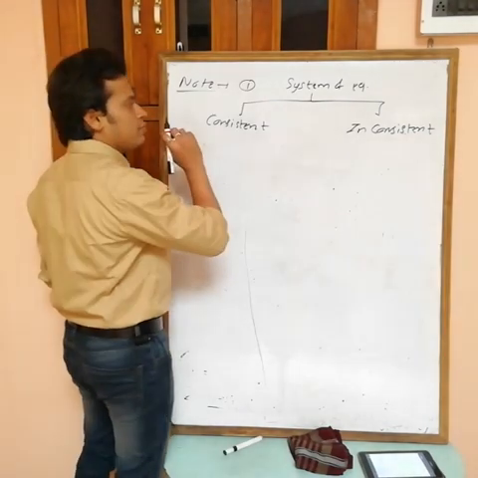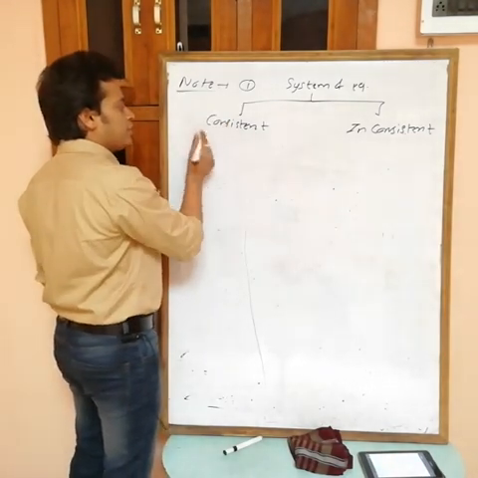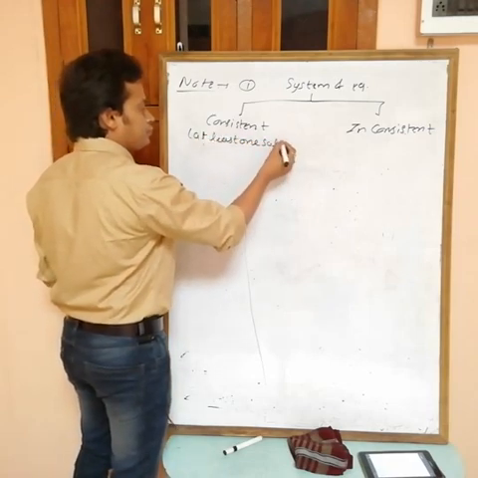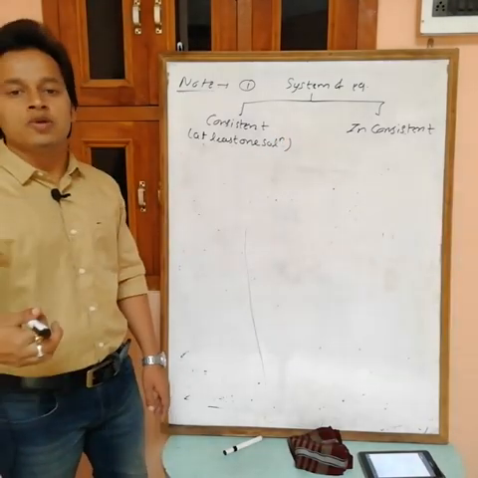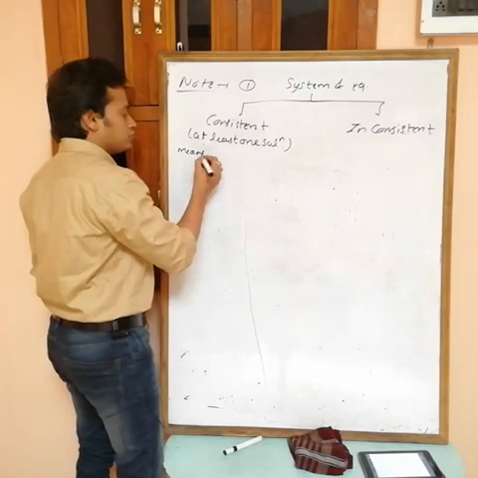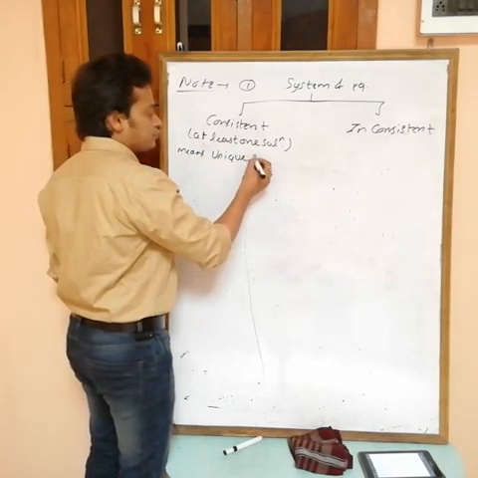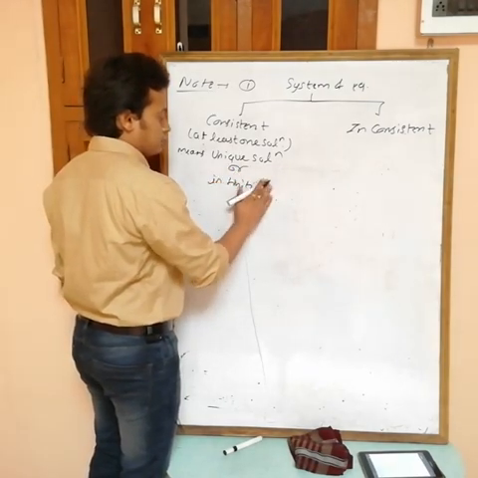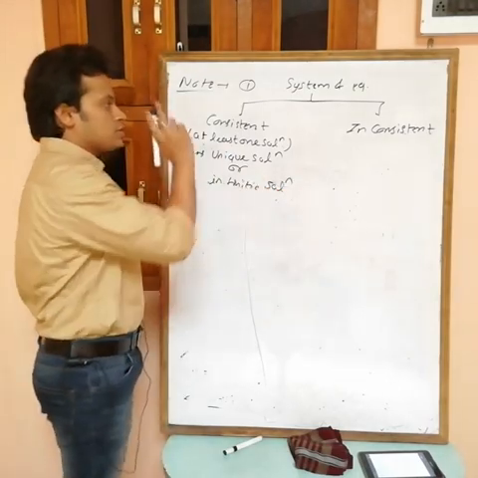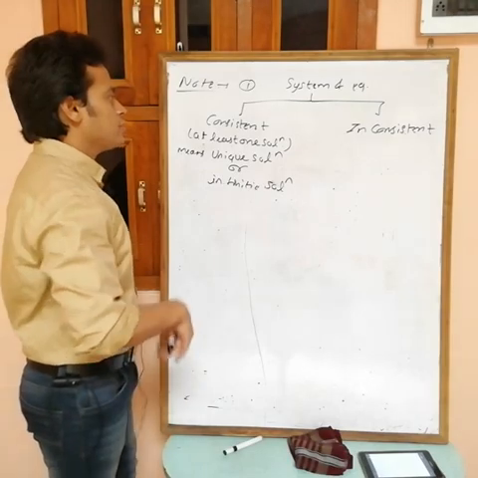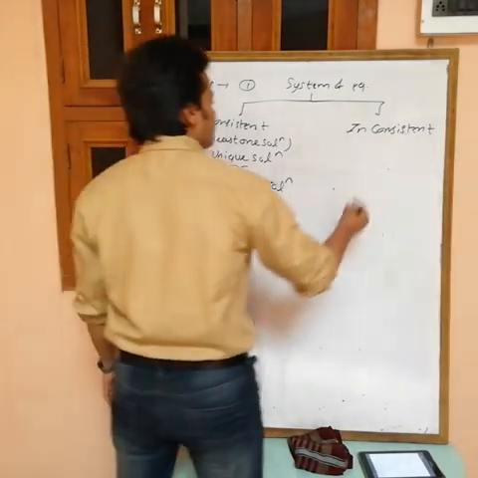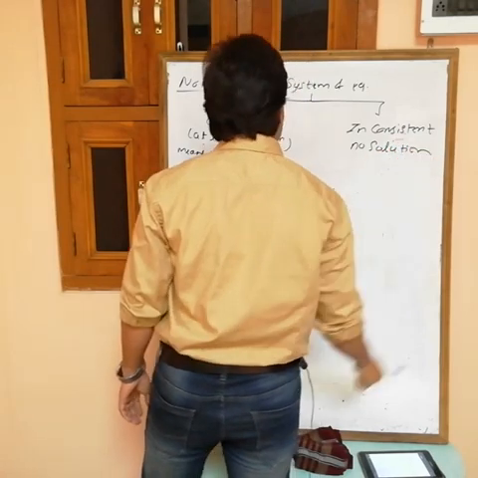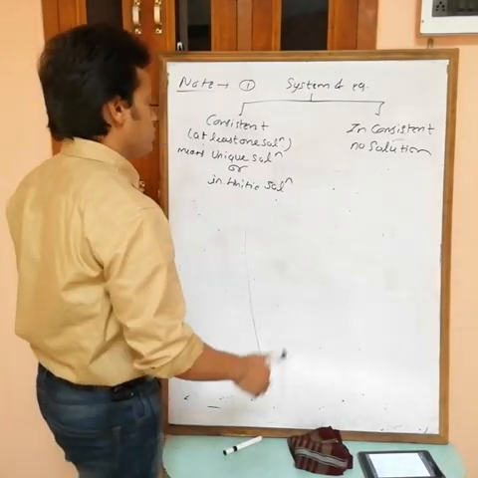So a system of equations is said to be consistent if there is at least one solution, it means a unique solution or infinite solutions. And a system of equations is said to be inconsistent if there is no solution.